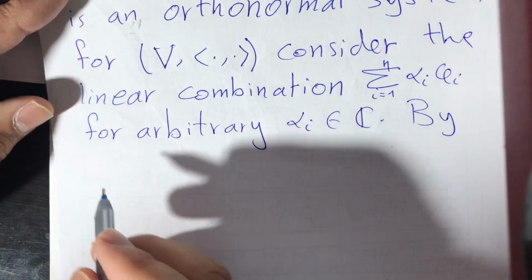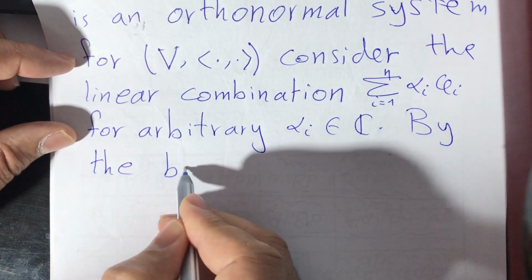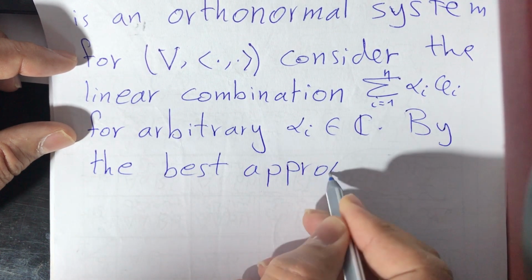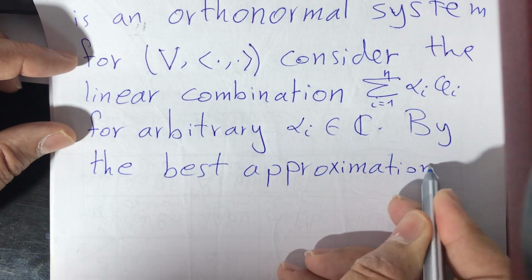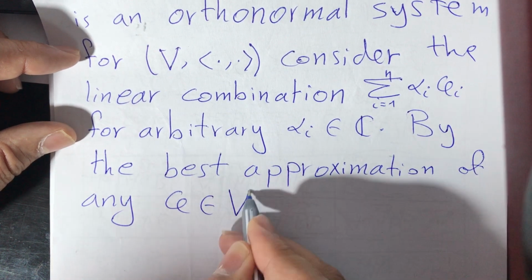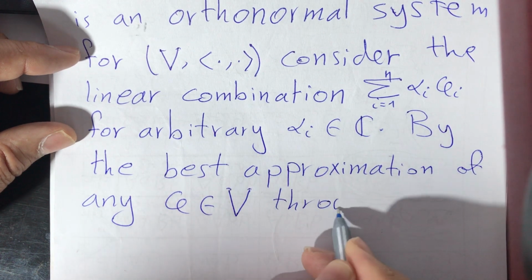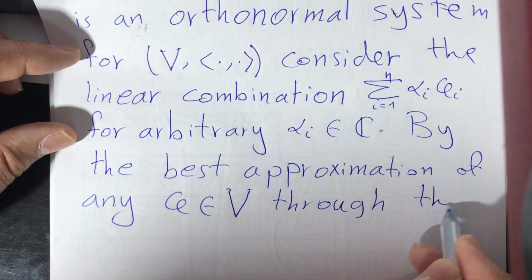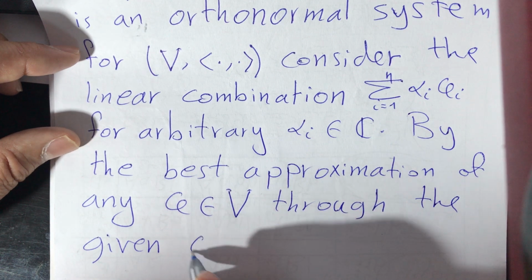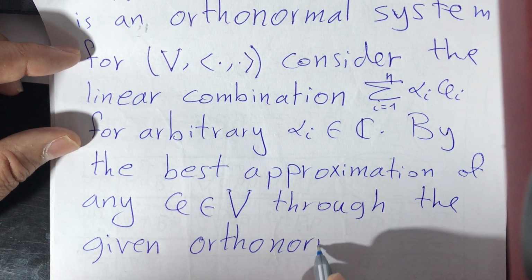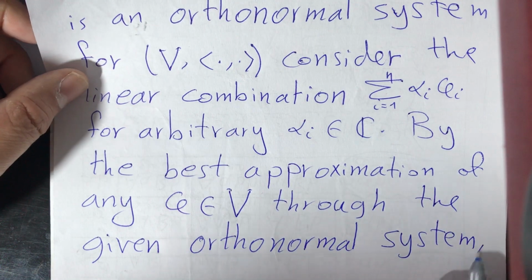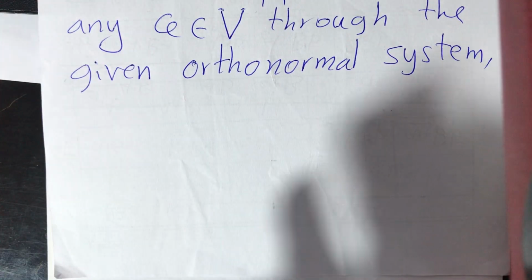By the best approximation of any phi belonging to V through the given orthonormal system, this is what we mean by best approximation.